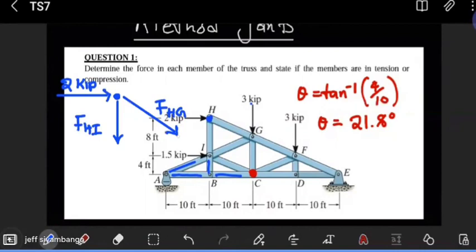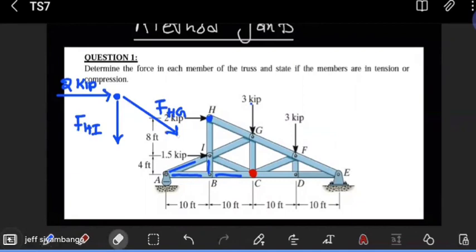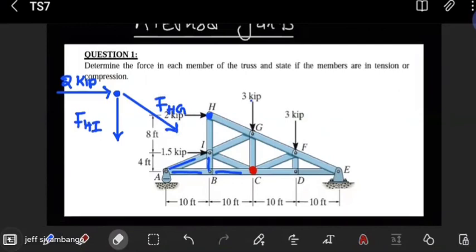Now, of course, we see that HG will need to be resolved. So how are we going to resolve it? How would you do it? We need to resolve HG, meaning we need an angle or sides. Use the vertices.